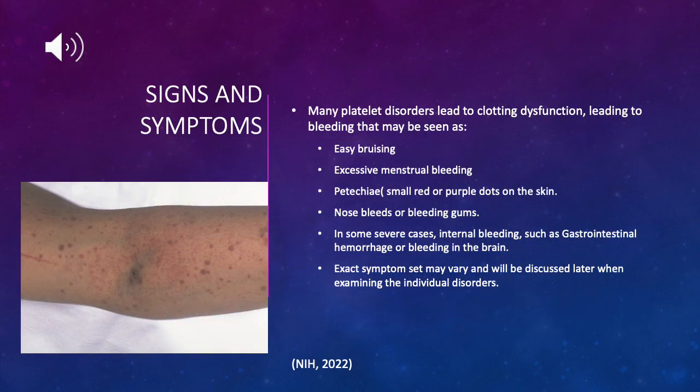Because many platelet disorders lead to a dysfunction in the ability to clot, the primary symptom usually seen early on that helps lead to diagnosis is easy bruising. Individuals with a platelet disorder might notice bruising after even a minor bump or injury, and the bruises may appear bigger than you would expect based on the trauma, and seem to take forever to heal compared to a normal bruise you've experienced in the past.